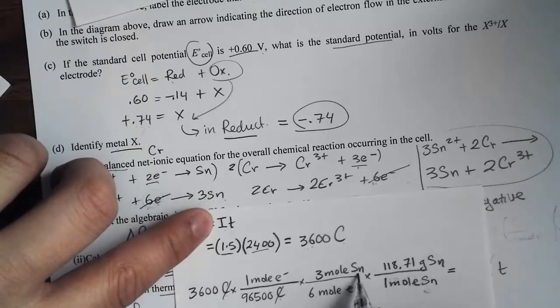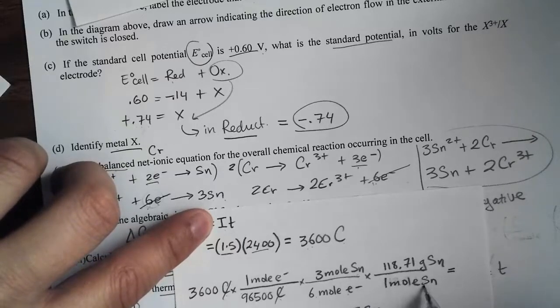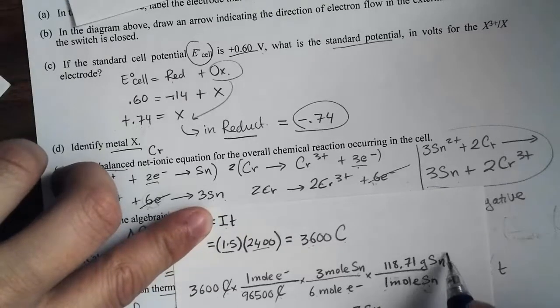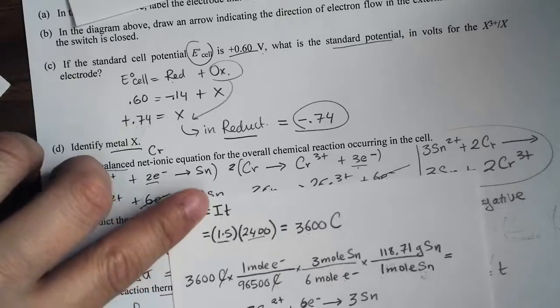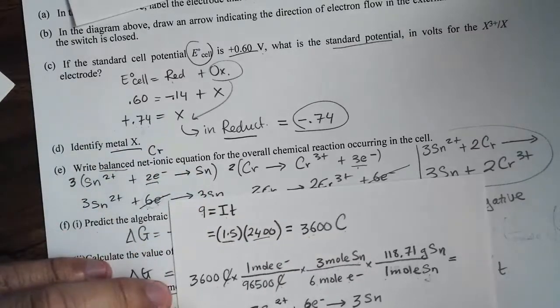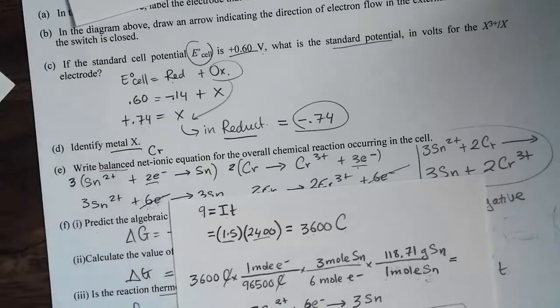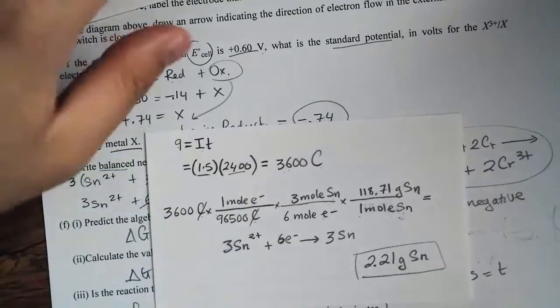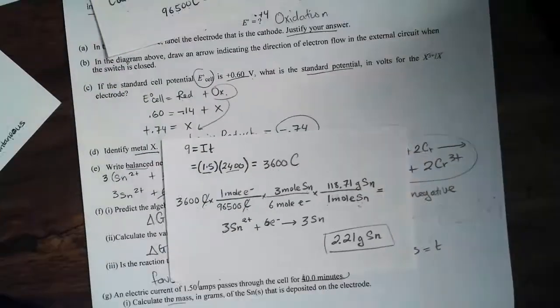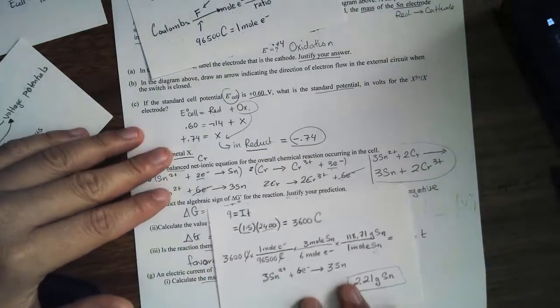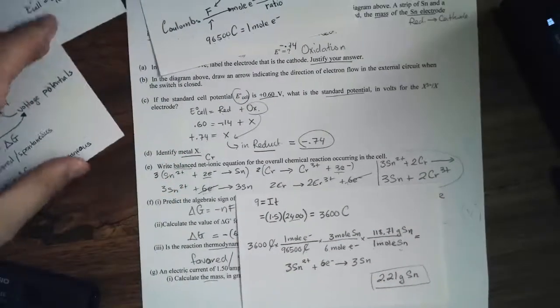And once we know the mole of tin, we just convert to mass of tin, which is from the periodic table. 1 mole of tin is equal to 118.71 grams of tin. And there you go, this is your mass in gram. And all we have to do is plug into the calculator, and we have that as our final answer. So in a way, it is extremely complicated, but if you know how to solve it, it is pretty easy, okay?